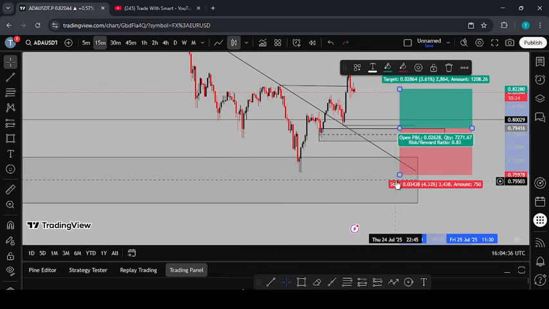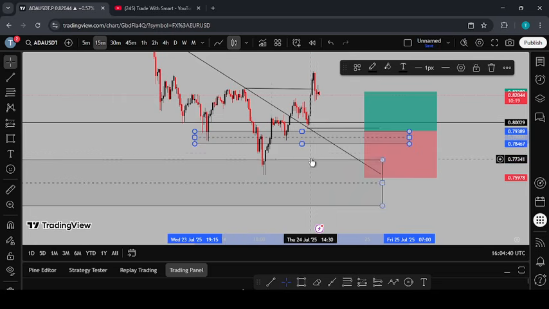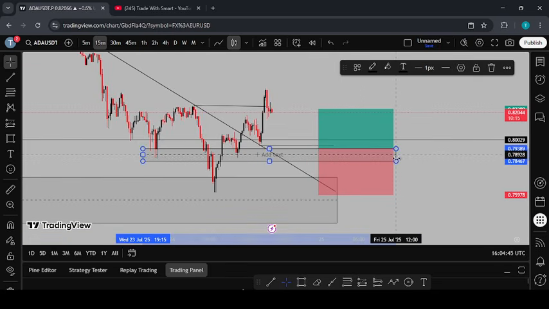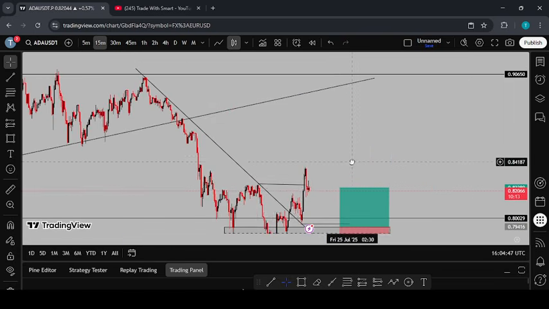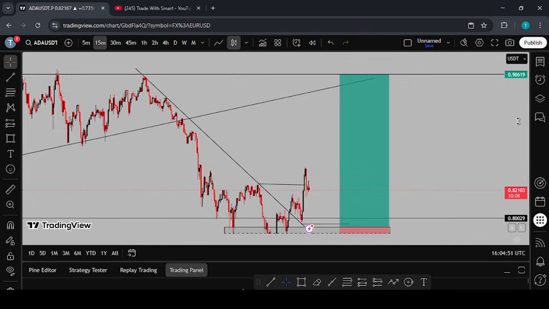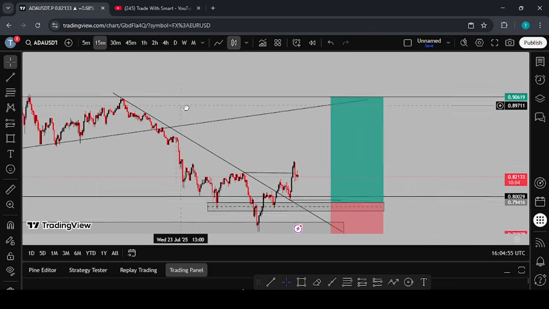This is where I'll be putting my stop loss, even if I found my entry from this region. Then I'll be targeting higher regions, of course the first level where you have the inducements of the beginning of the trend line liquidity.